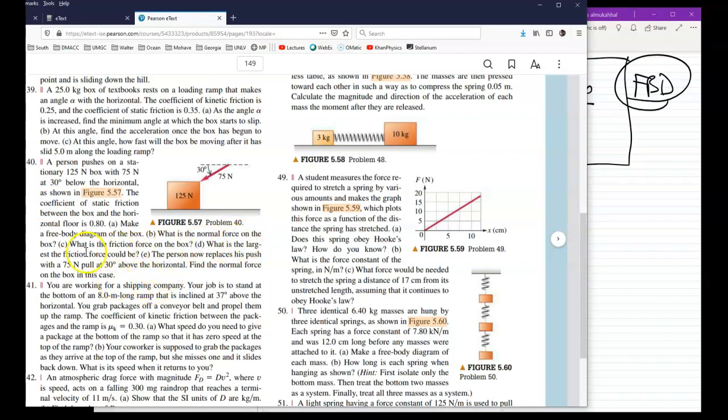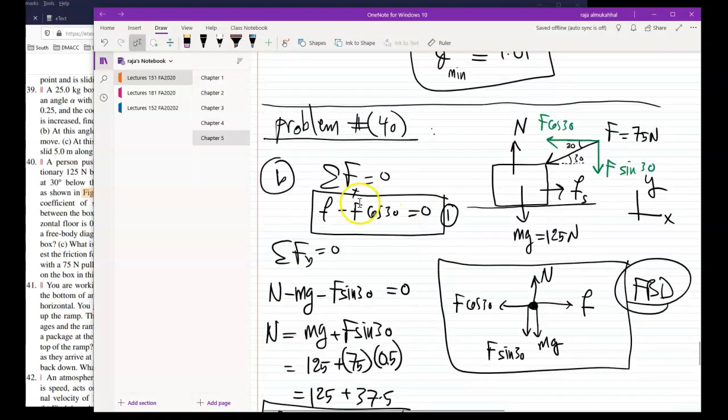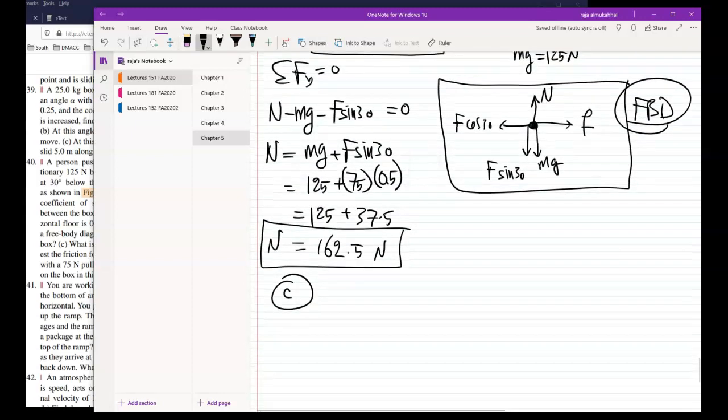All right. C. What's the friction force on the box? Well, here it is. I can find it from here. See that? So I can go back to equation 1 and just solve for small f. So from equation 1, small f is equal to F cosine 30.